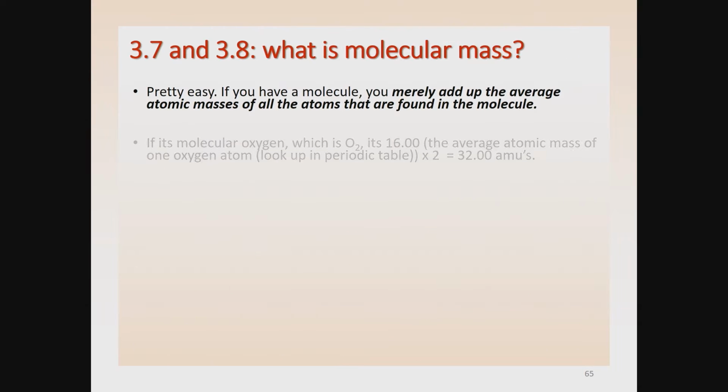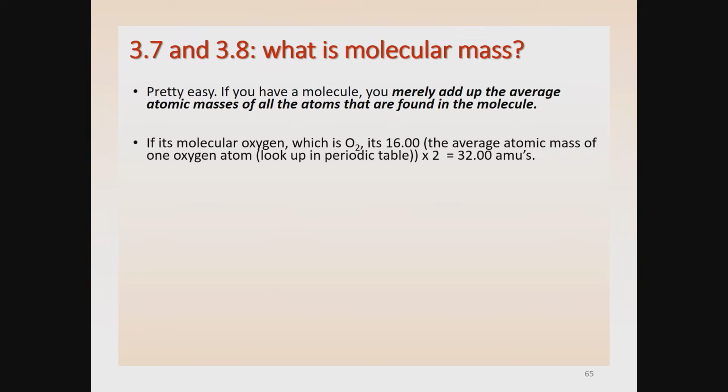What happens when you are trying to figure out the molecular mass not of an element made of single atoms, but of an element like oxygen, which is made of 2 atoms together? It's actually a pretty easy problem to solve. The mass of a single oxygen atom is 16.00 atomic mass units.